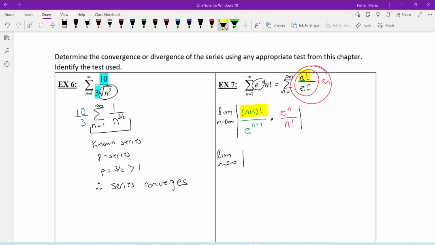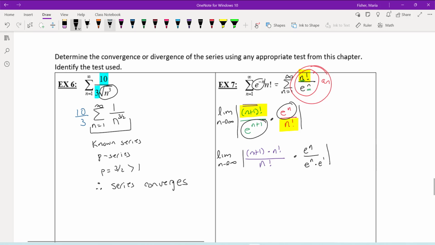Well, this is a factorial and this is a factorial. Which one is larger? This one right here. Let's expand that. So that'll be n plus 1 times n factorial, and I'm going to put it all over n factorial. Then times e to the n. And if I expand e to the n plus 1, I know that's e to the n times e to the first. Now notice that your n factorials cancel, and so do your e to the n's.